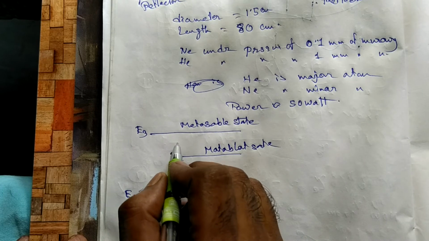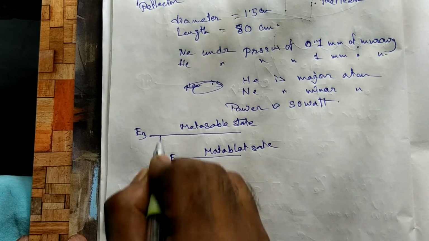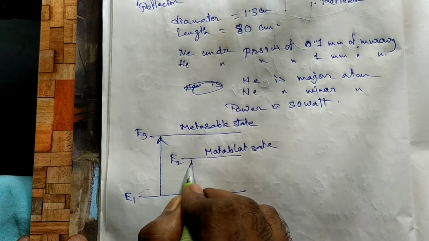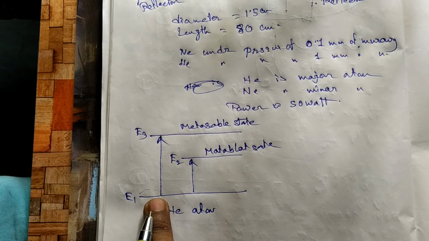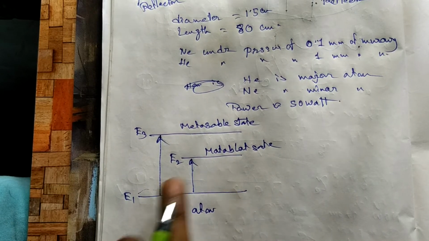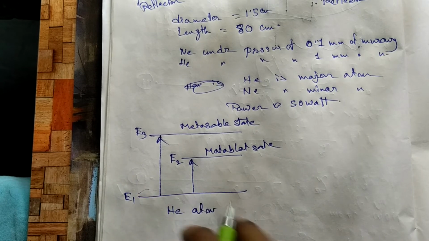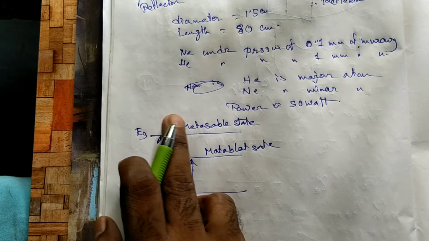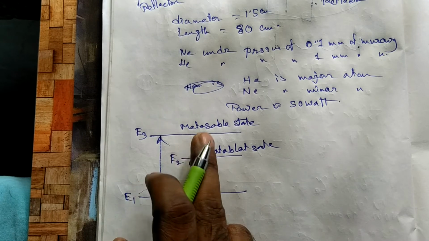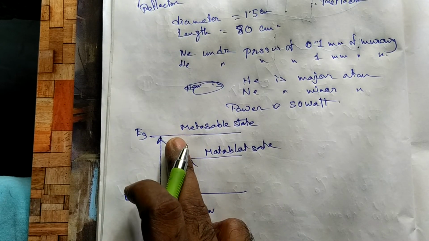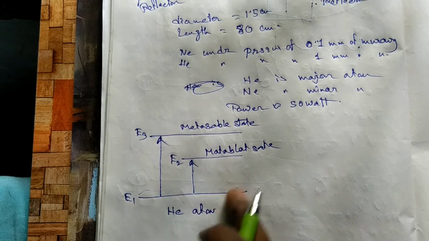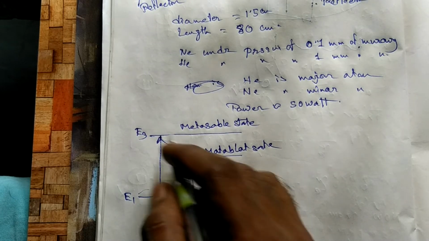The atoms jump when you charge up the electrons of the helium-neon tube. So the ground state electron jumps from the E1 state to the E3 state and E2 state, and both are metastable states of the helium atom.